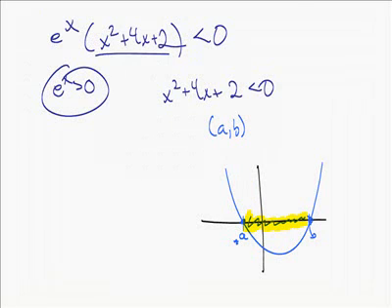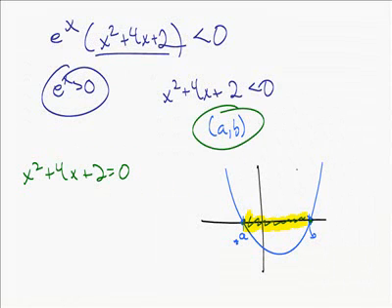So again, what you're going to do is solve this equation. Where does x squared plus 4x plus 2 equal 0? Solve that equation. That's going to give you these two points, a and b here. And then between those two points, since you have a parabola opening up, is where your function is negative, and that will be the interval where the original function is concave down, because that's where your second derivative is negative.